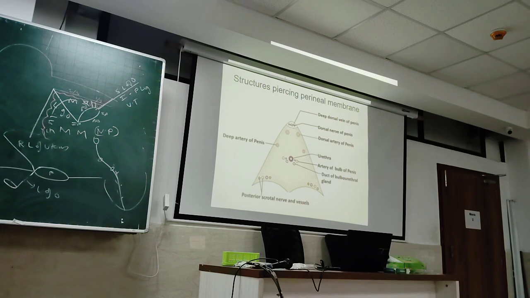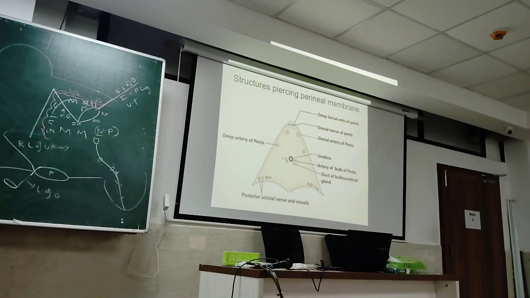The duct of the bulbourethral glands pierces from the deep pouch to the superficial pouch. The greater vestibular glands are already in the superficial pouch, so they do not pierce the perineal membrane. Instead, in females, there is the vaginal opening.